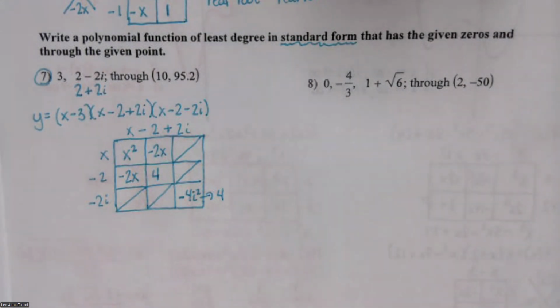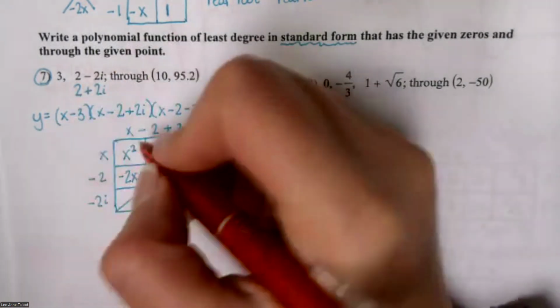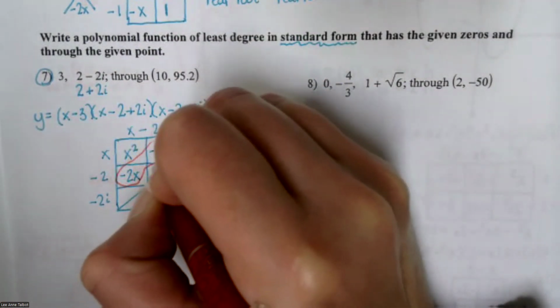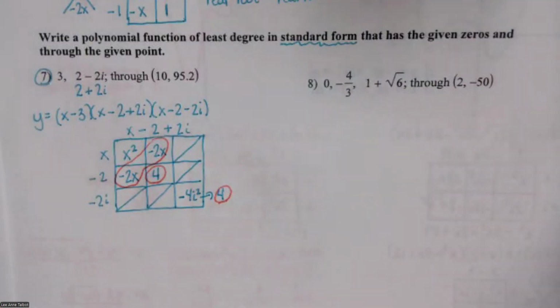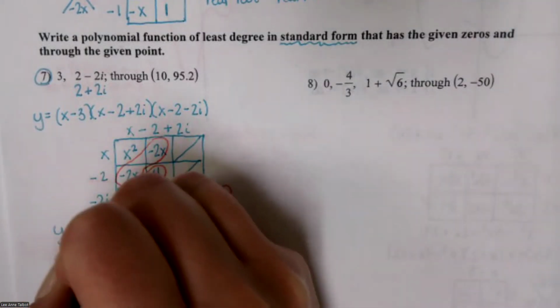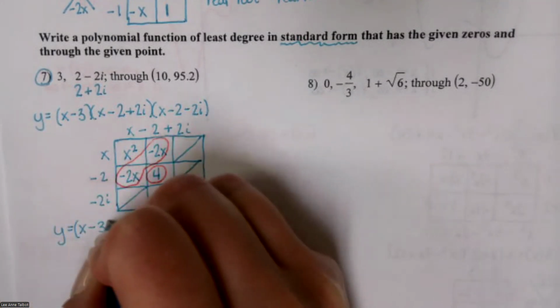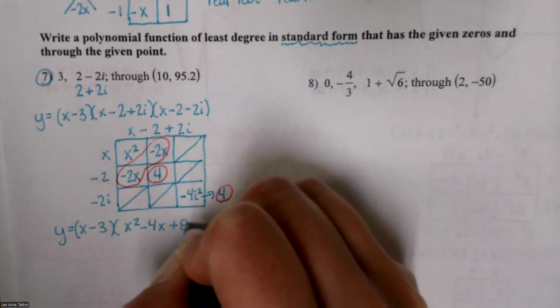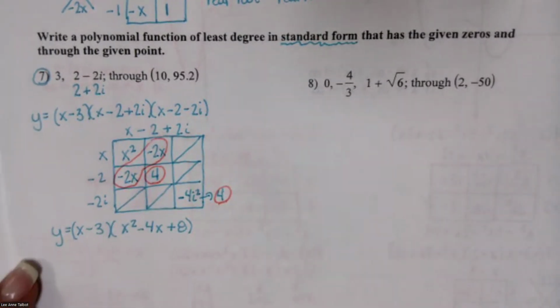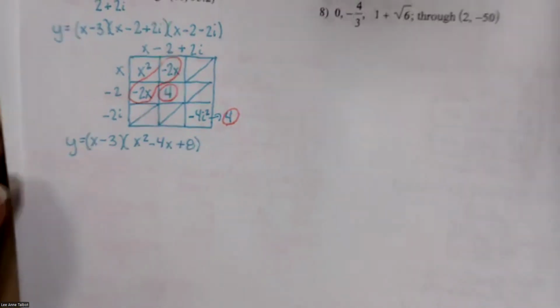And when I combine like terms, I'm going to combine these two together and these two together. You guys see where the 8 came from? The 2 fourths?